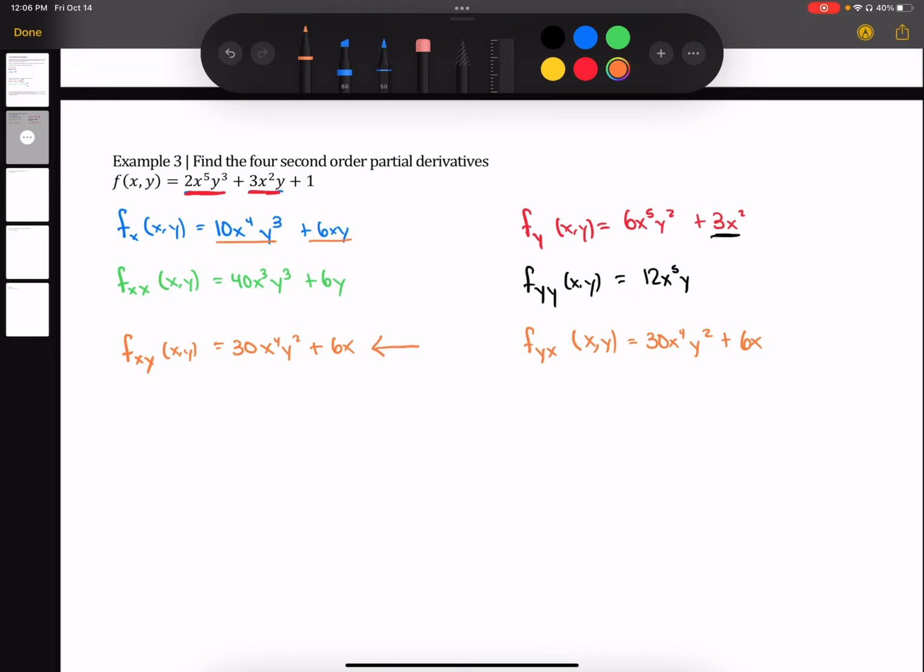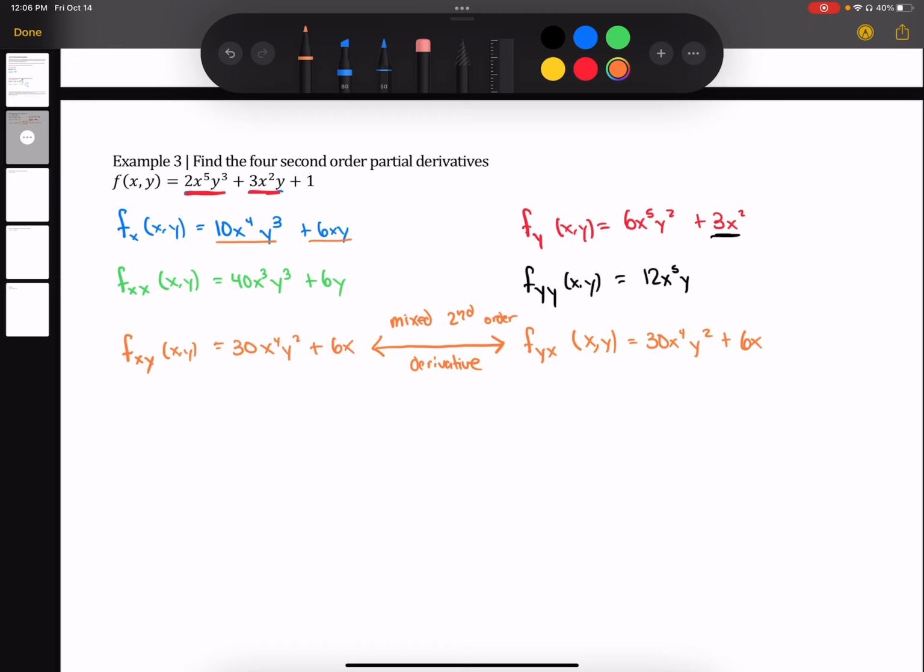Notice for our second order derivative, the mixed derivative, we got the same thing. And this is called our mixed second order derivative. Notice that they are the same thing. And generally, that's going to be true.